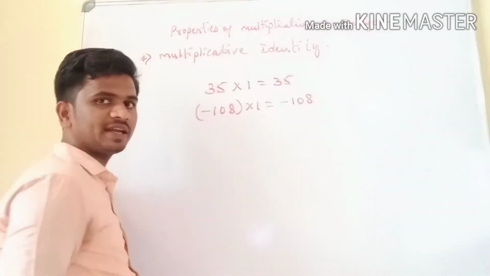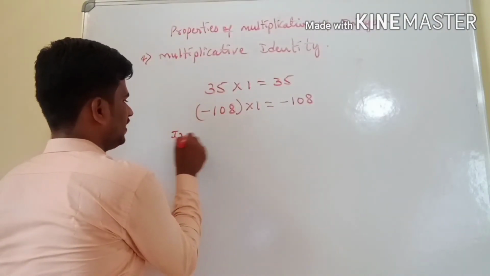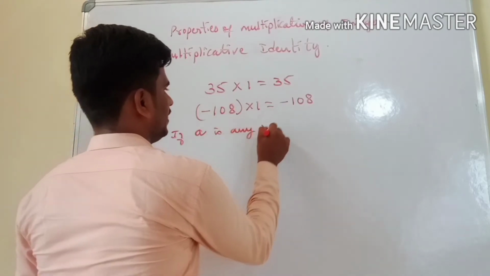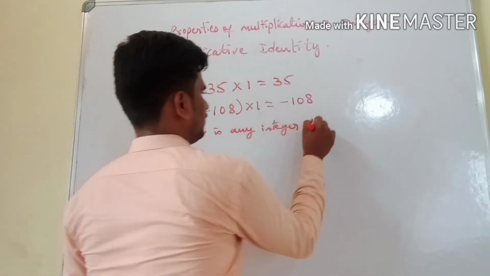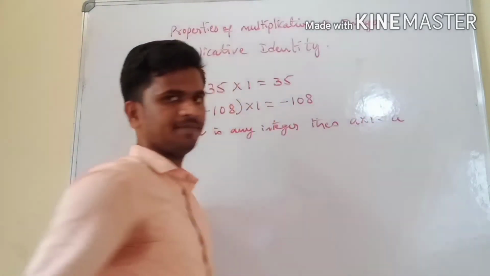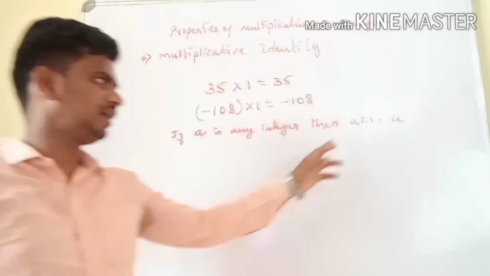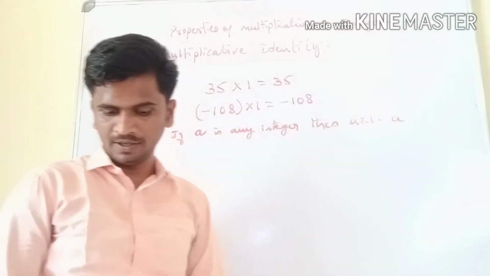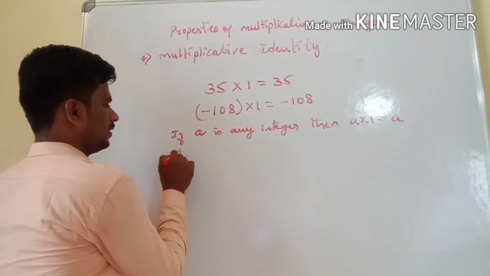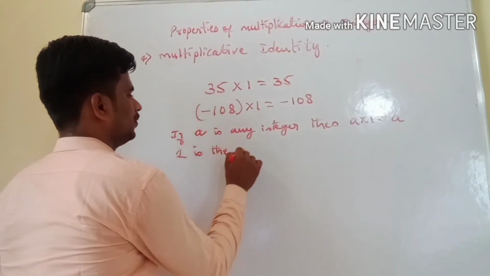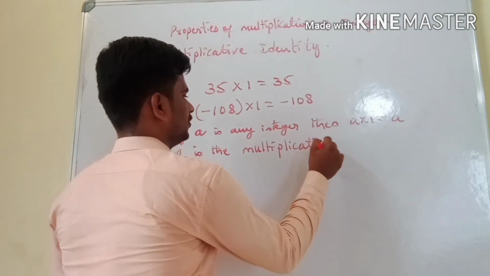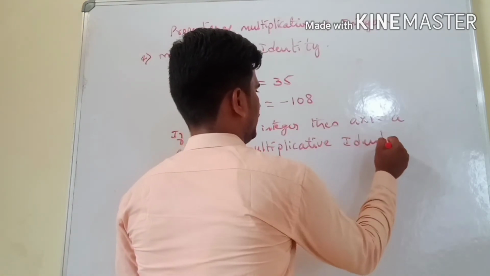In general, how can we write this? If a is any integer, then the product of a into 1 is always a. That is, a into 1 is equal to a. This is a very important thing. We can write 1 is the multiplicative identity.